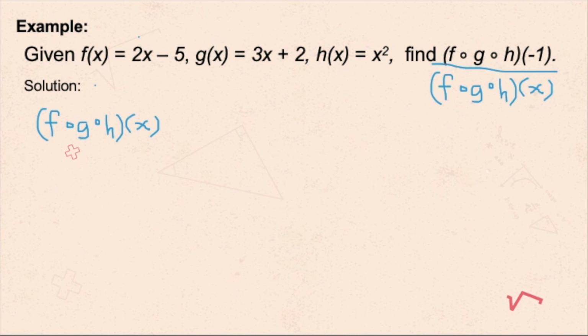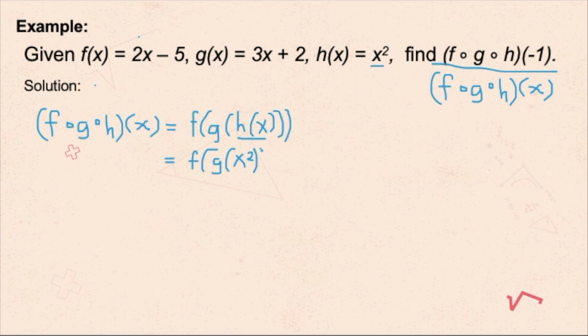The equivalent composite function of this is f of g of h of x. Notice that your most inner function here is h of x. Replace this now with the given h of x, which happens to be x squared. You have here now f of g of x squared.